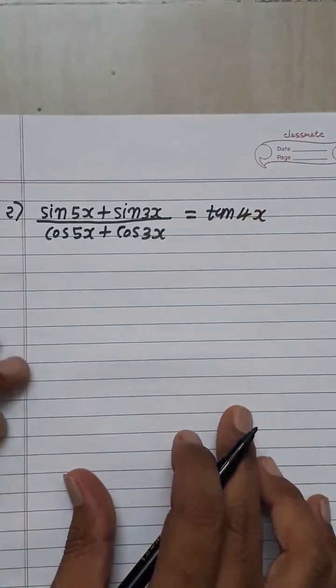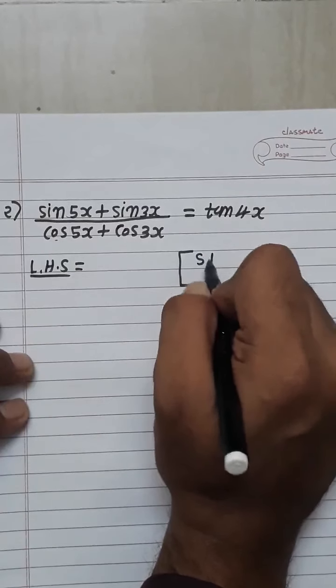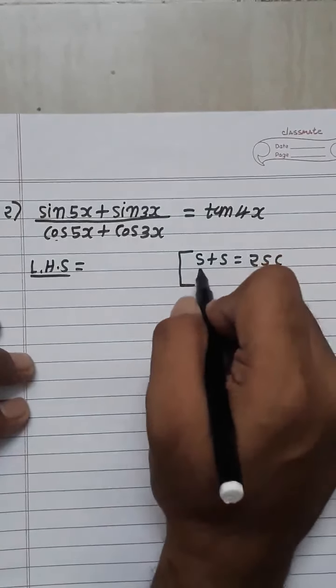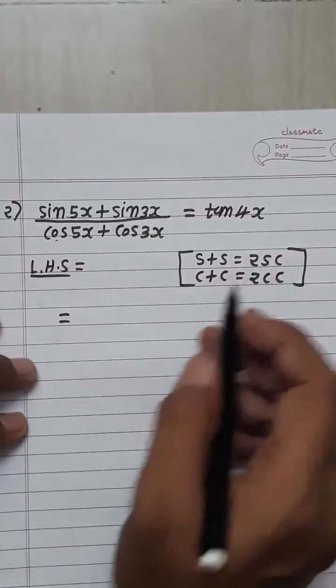So again start from the LHS side. Here in the numerator term the s plus s form is present, and in the denominator term the c plus c form is present. So s plus s means 2sc, and c plus c means 2cc. In the numerator apply the s plus s, that means 2sc form.